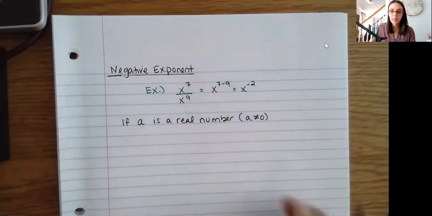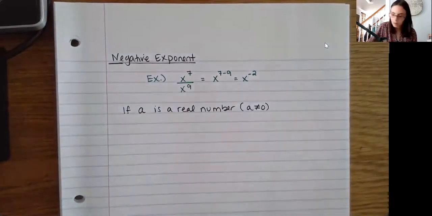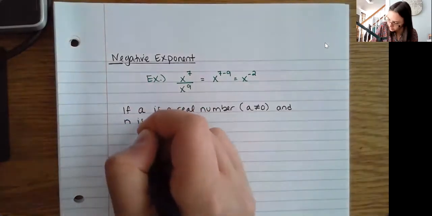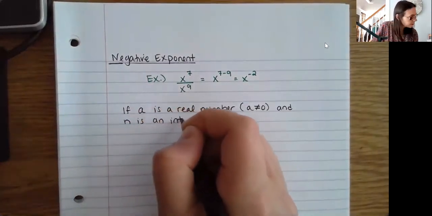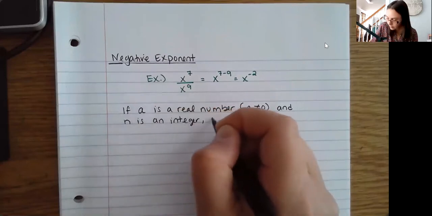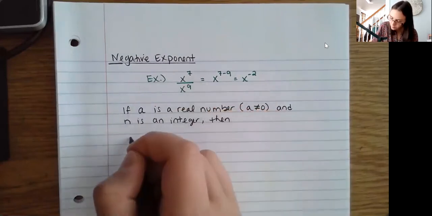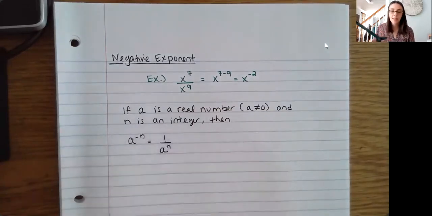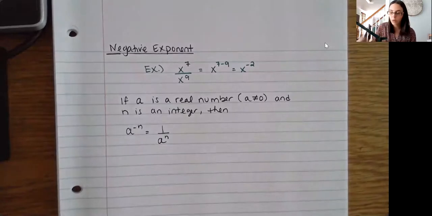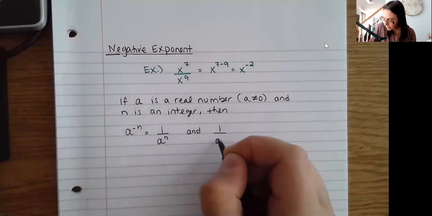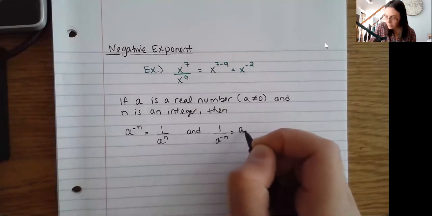Again, if a is a real number that's not 0, and n is an integer, then a to the negative n is equal to 1 over a to the n, and 1 over a to the negative n is equal to just a to the n.